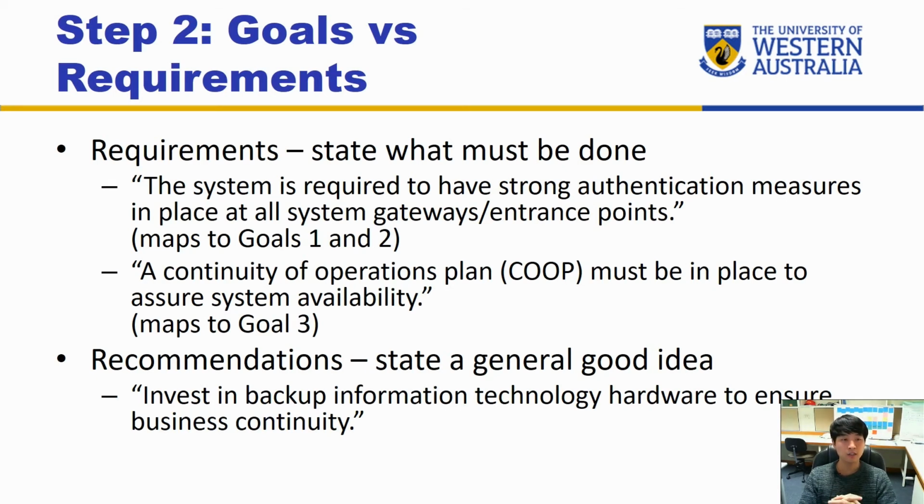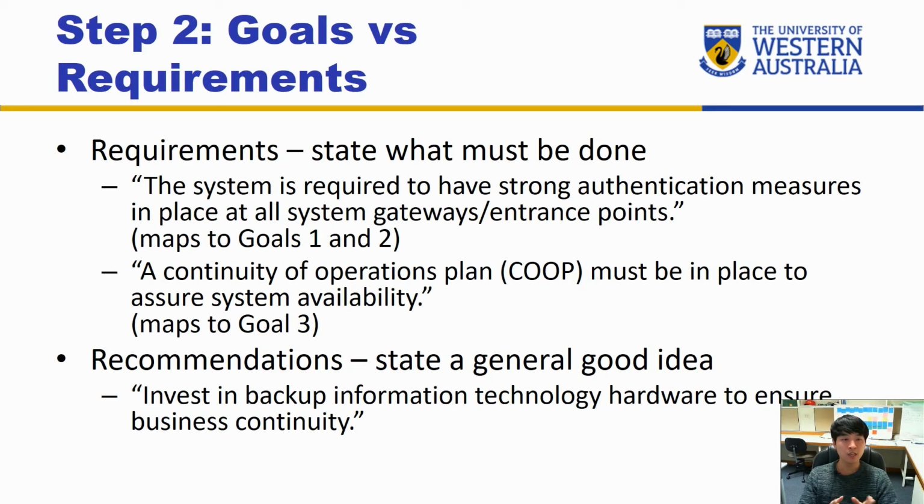Another example is a continuity of operation plan must be in place to assure system availability. So that is something that must be done, right? That's not describing the state, rather it's describing what should be done about the system, which maps to the goal to satisfy.